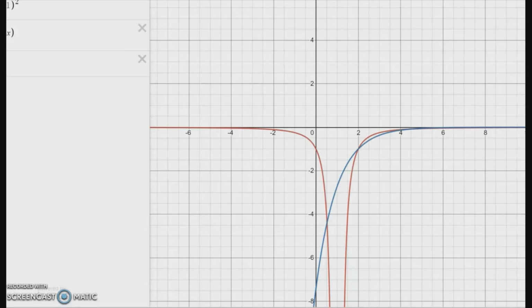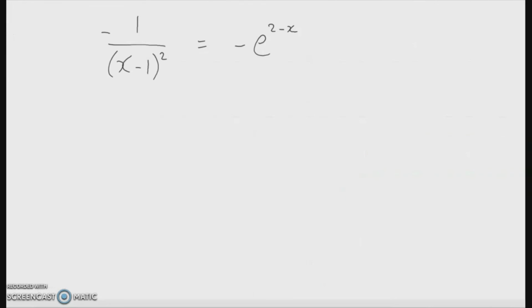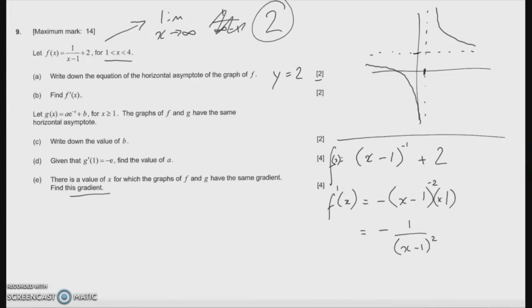We can see where these two graphs cross is going to be the solution to that equation, or in this case I should say solutions, because I can see that there's a region here where the graphs are crossing and one here. Now that gives me pause for thought, because if we return to the original question, it does say clearly there is a value of x, but my graph seems to suggest 2.